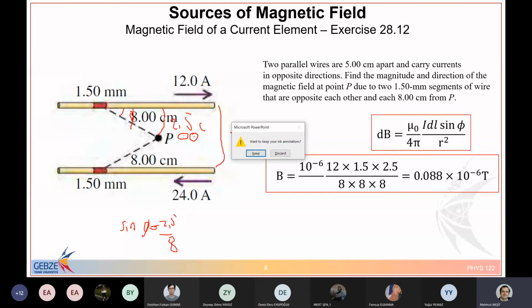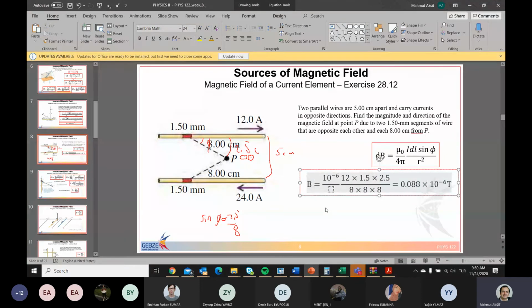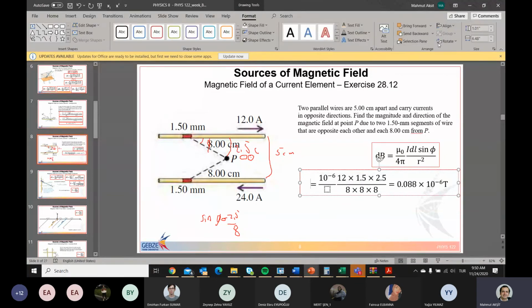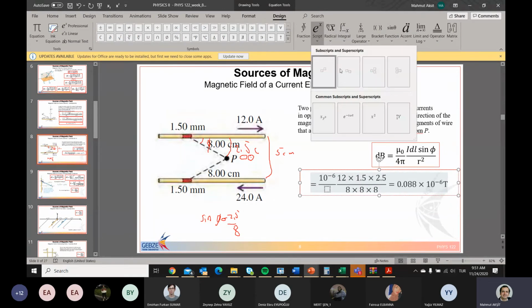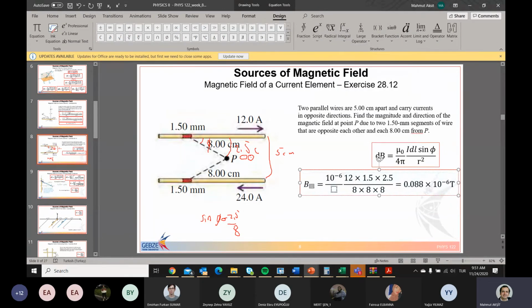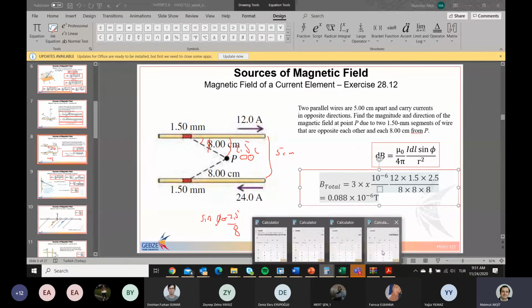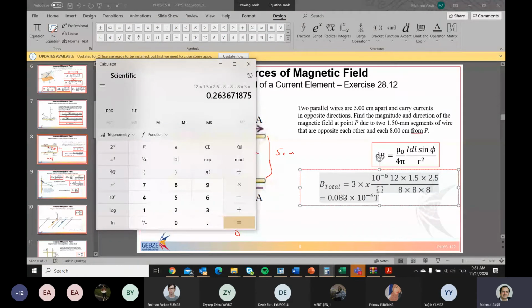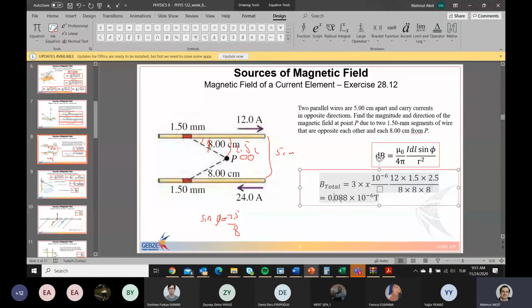Okay, so B total, let me call it then. B total will be 3 multiplied by this, which is basically going to be 0.2 in a second. 10 minus 6 Tesla.